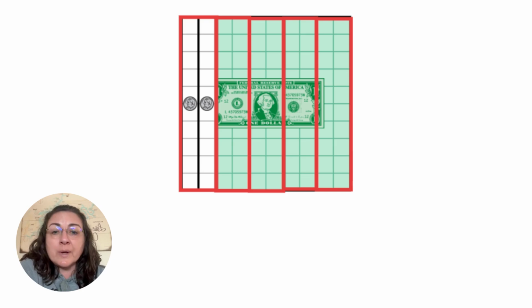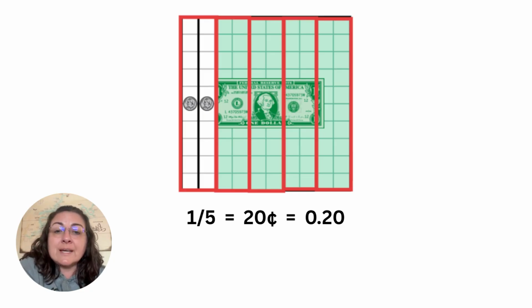We can also understand fractions of a dollar even though we do not have a specific coin to represent the amount, such as 1/5. 1/5 equals 20 cents, or 0.20 written as a decimal. And written as a fraction of a dollar, that's 20 out of 100.